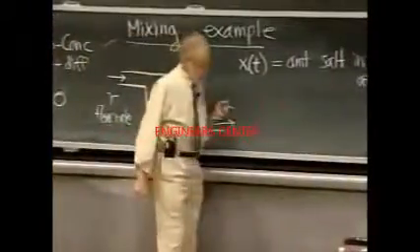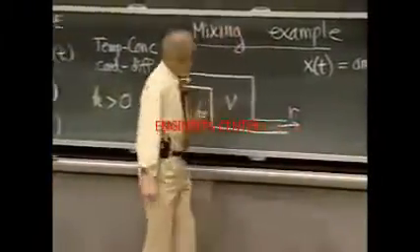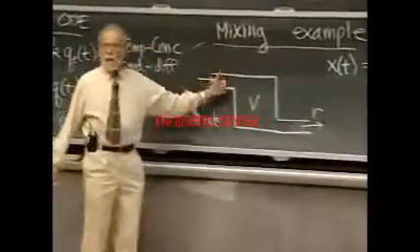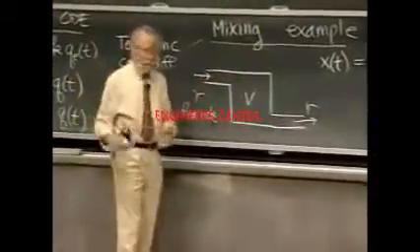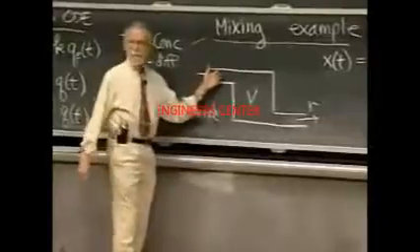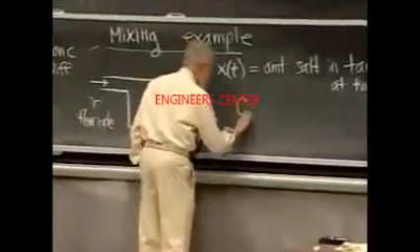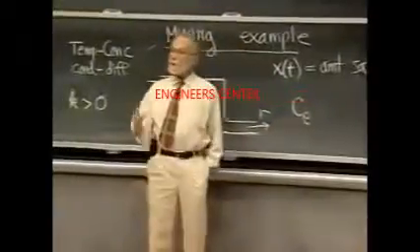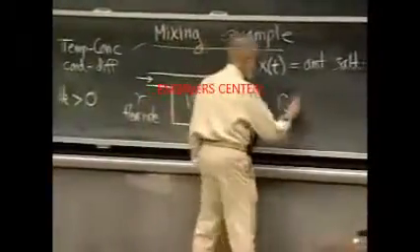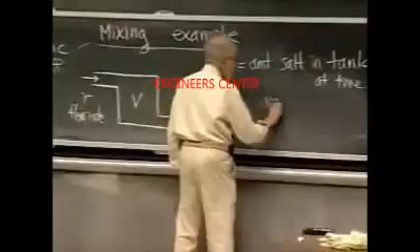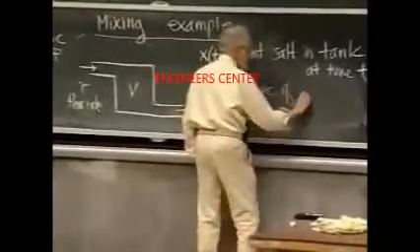Now, the only convenient way to describe the inflow is in terms of its concentration. The salt will be dissolved in the inflowing water, and so there'll be a certain concentration. And as you'll see, for a secret reason, I'm going to give that the subscript E. So E is the concentration of the incoming salt.